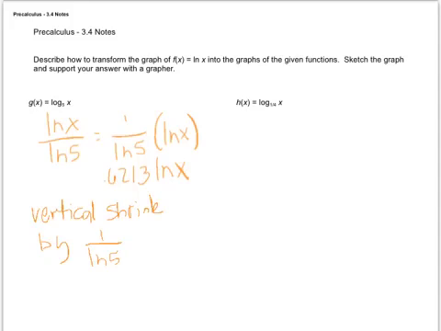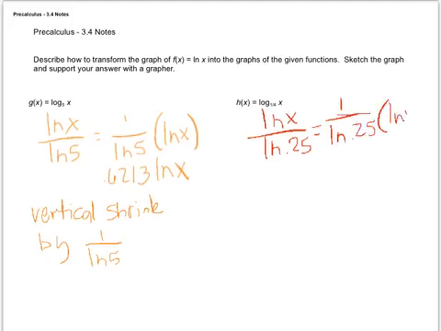Look over here at the other guy, the log base 1/4 of x. Same thing. We're going to look at the natural log of x divided by the natural log of 0.25, which is the same thing as 1 over the natural log of 0.25 times natural log of x.